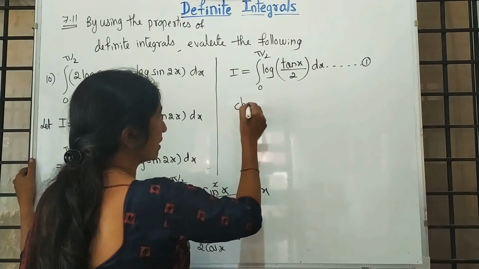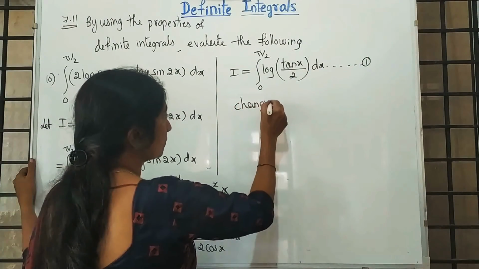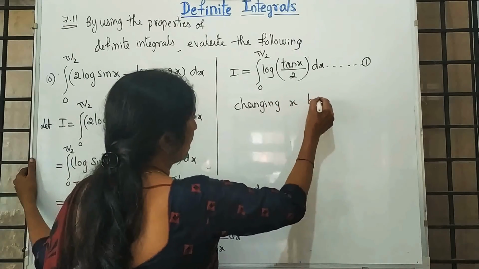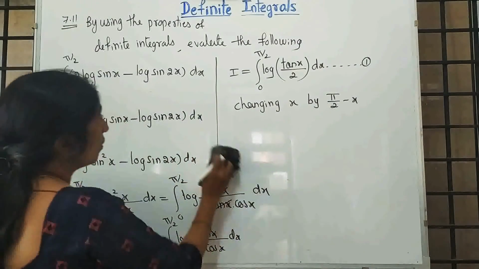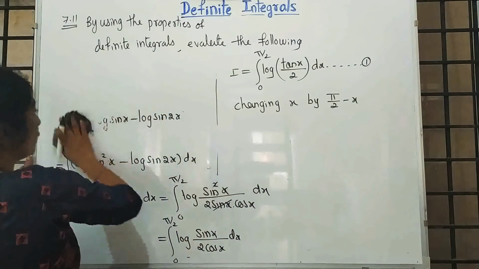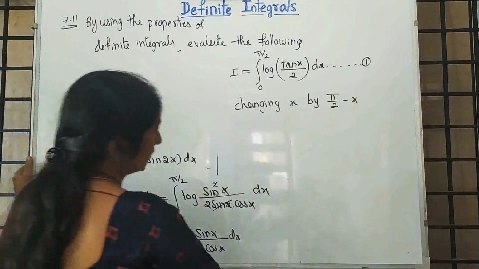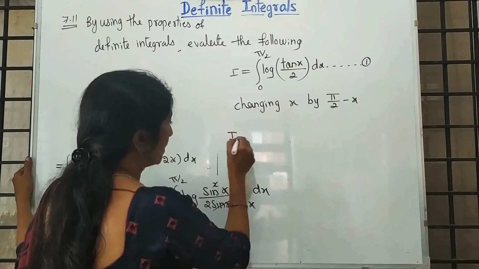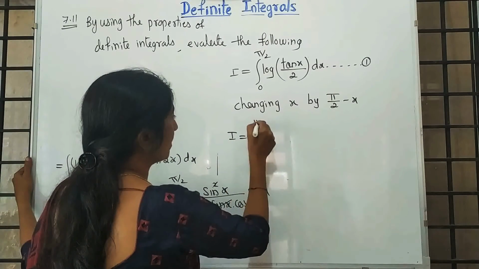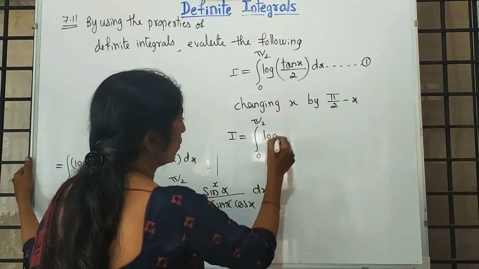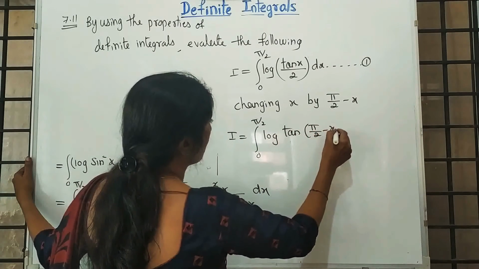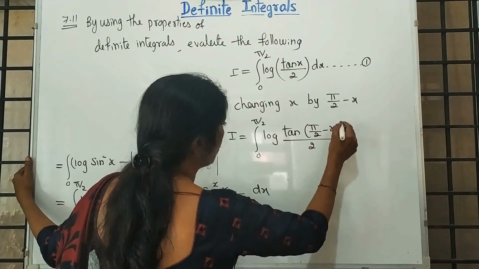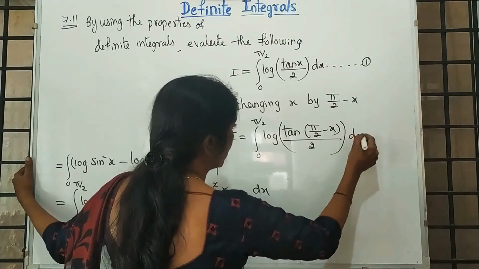Now changing x to pi by 2 minus x. Already I gave the property of this. Now I is equal to 0 to pi by 2 log of tan (pi by 2 minus x) divided by 2 into dx.